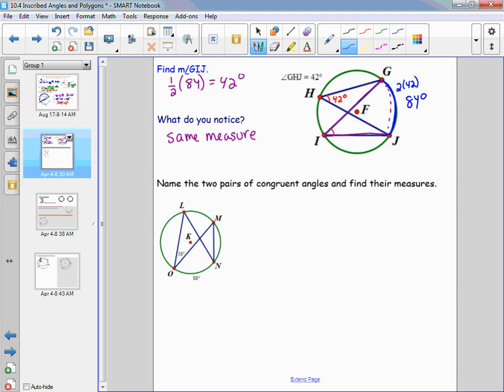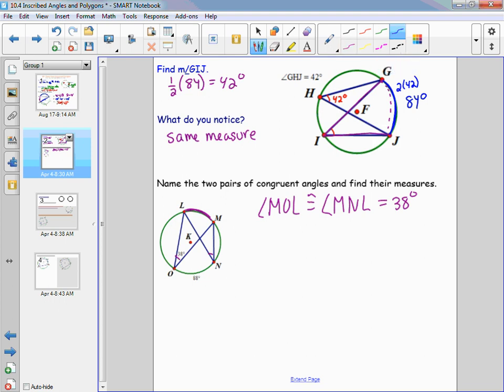Name the two pairs of congruent angles and find their measures. So we have here, we know that this angle and that angle are going to be congruent because they go to the same arc. Two angles that go to the same arc are going to be congruent. So we're going to say that angle MOL is congruent to angle MNL, and that they both are equal to 38 degrees.